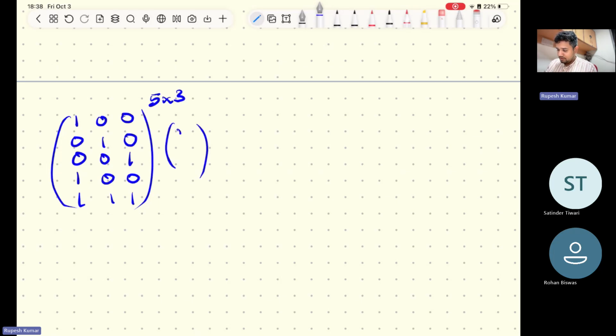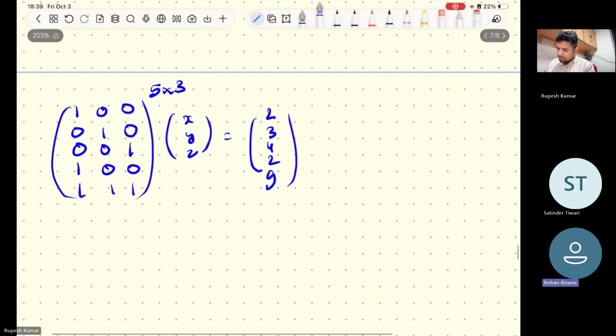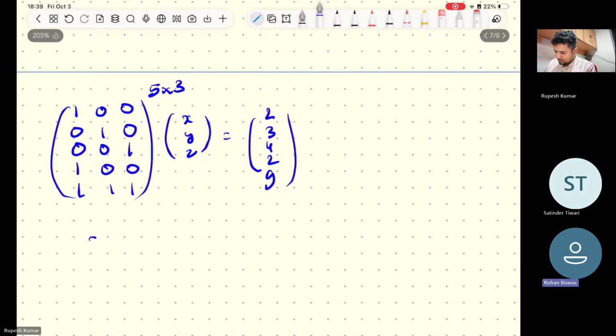So let's say x, y, z equals b1, b2. I can give you the exact numerical. The B side is 2, 3, 4, and then again 2, and then 9. So here it is not inconsistent, right? Because I have chosen the numbers to be 2, 3, 4.